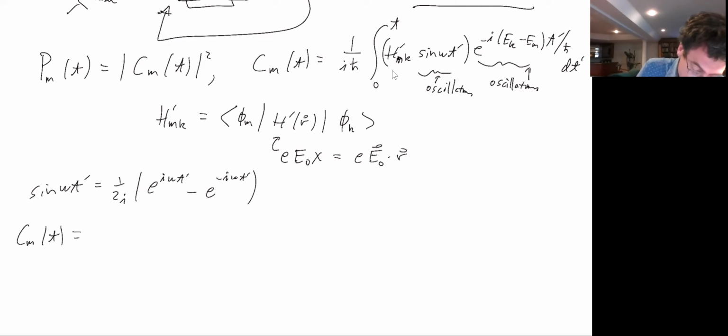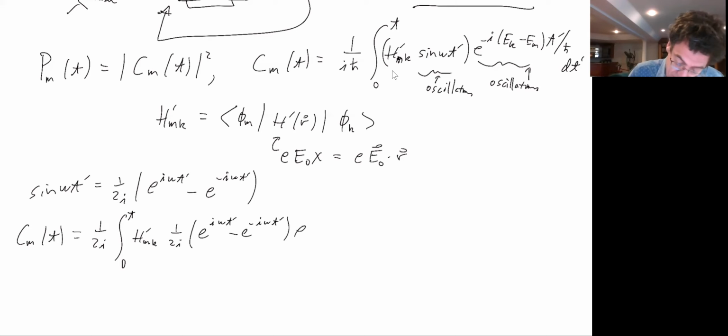And so this is equal to 1 over 2i times the integral from 0 to t of h prime mk, 1 over 2i times e to the i omega t prime minus e to the minus i omega t prime, times e to the negative i (Ek minus Em) t prime over h bar. All right, so that's the thing, and so we see that all these oscillations are there.